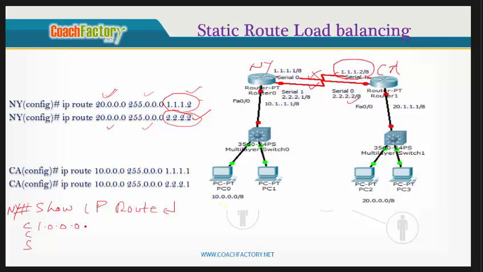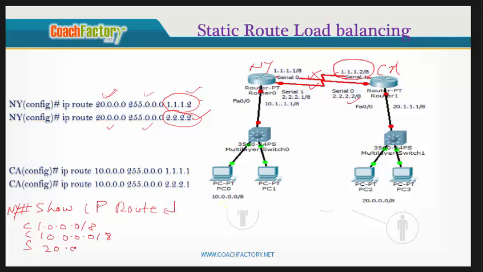Connected, that's network 1.1.1.0, then we have 10.0.0.0/8. These are all connected to the serial and FastEthernet interfaces. Now S means static route.